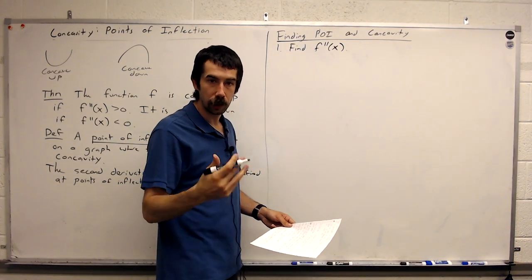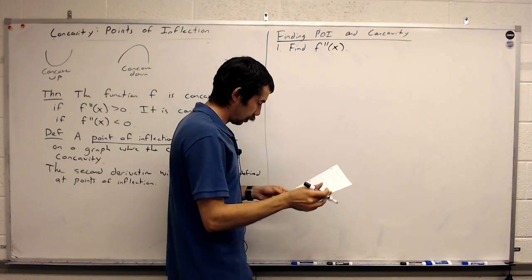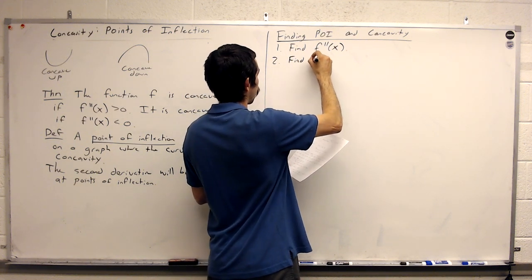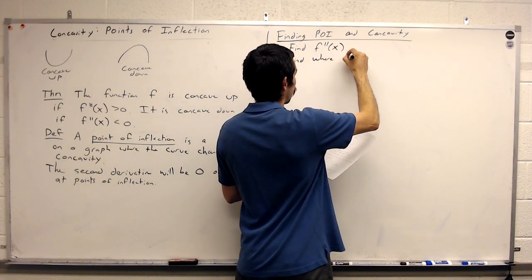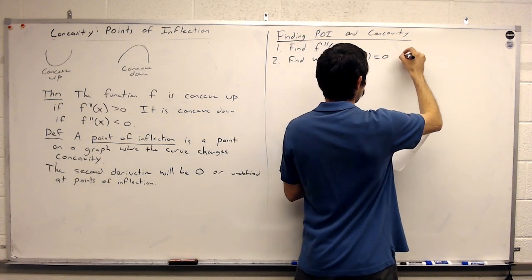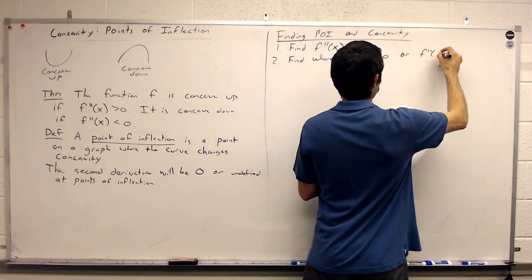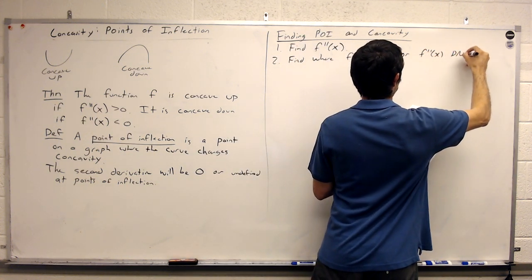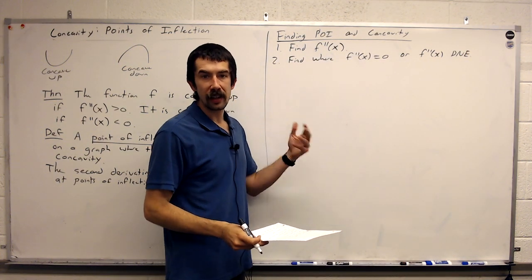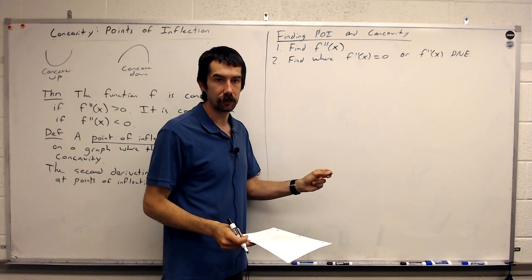All right, so we're going to take two derivatives of our function. We're going to find when it's 0, or find when it's undefined. Okay, this is going to give us some x values.